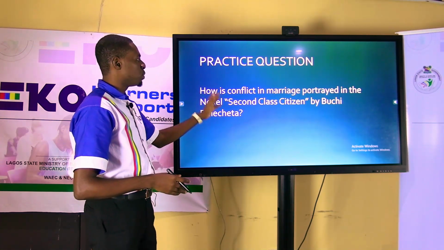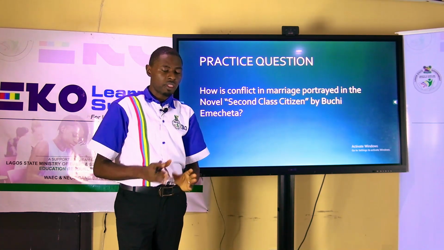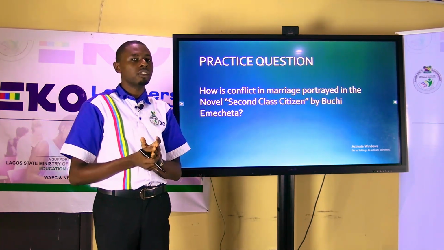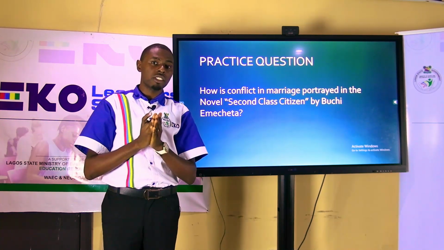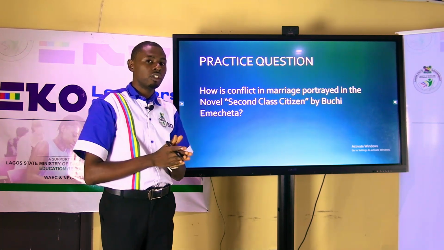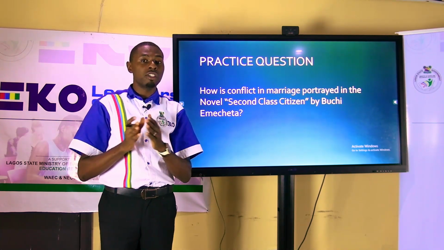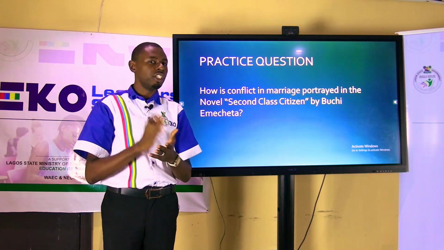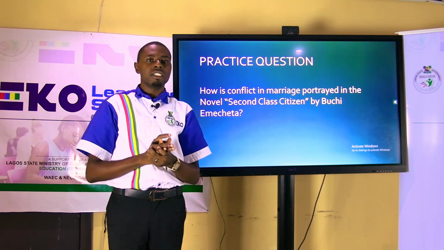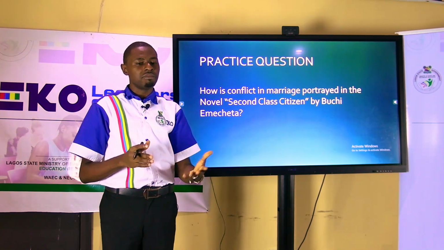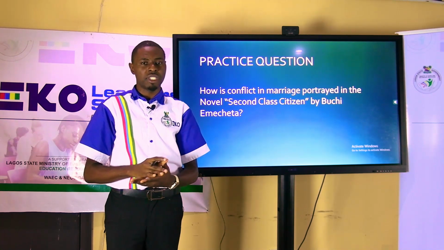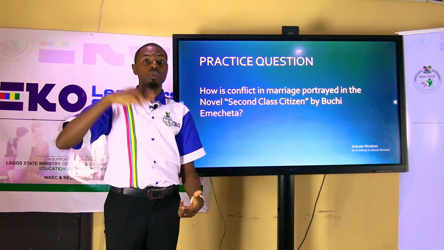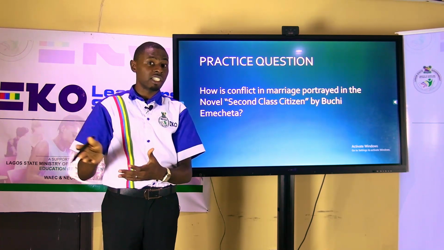First is to be able to define conflict. Now, don't forget that your first paragraph must tell us a little bit about the story, Second Class Citizen. The story of a young girl who, from childhood to adulthood, has faced different levels of discrimination, gender, even racial discrimination, and has been portrayed as a second-class person in the society, whether in the society of the blacks or the white society as she found herself in England.